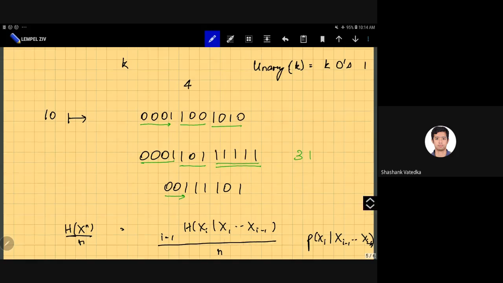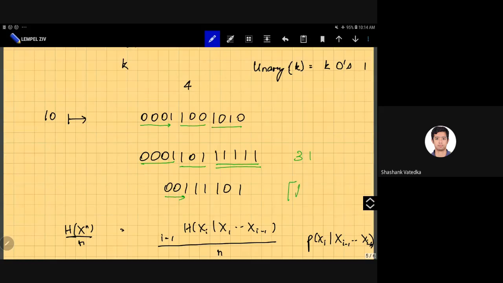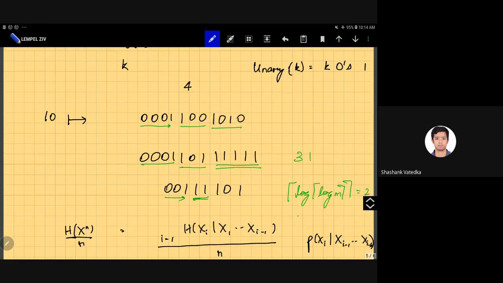So C of log m is equal to 2. So I read the next two bits. It is 1 1, which is 3. So C of log m is equal to 3. So these three bits are actually encoding the integer m, and that is equal to 5.